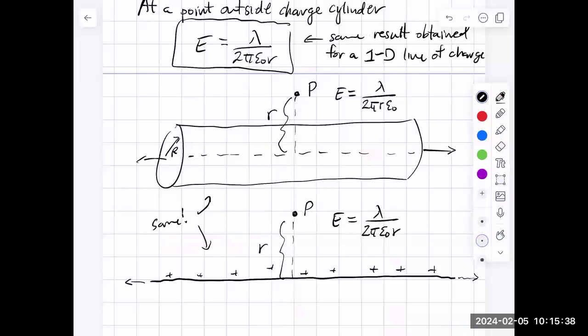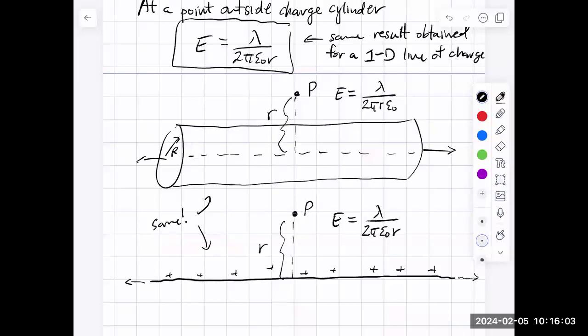So the insight is that all that matters is the enclosed charge, whether it's distributed uniformly through a volume or concentrated at a point or on a line. None of that matters as long as the Q enclosed is the same. All right, good. Any questions?